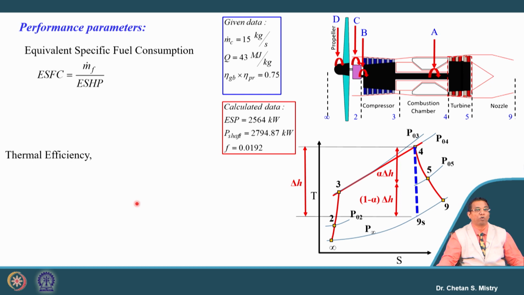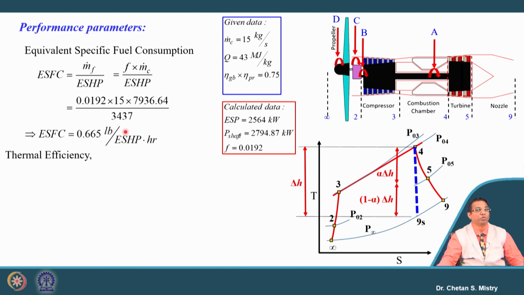Now once we have calculated equivalent shaft horsepower, we need to calculate the equivalent specific fuel consumption, that is given by m dot f divided by equivalent shaft horsepower. These numbers are known to us. Say f we have calculated 0.0192, and this m dot core is also known to us.